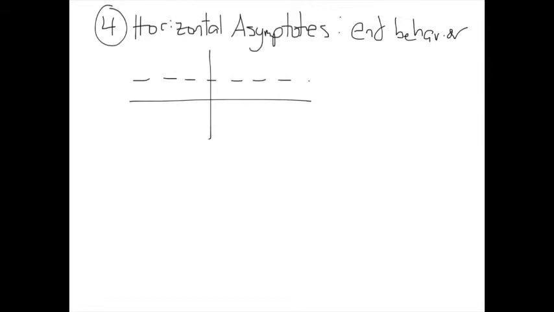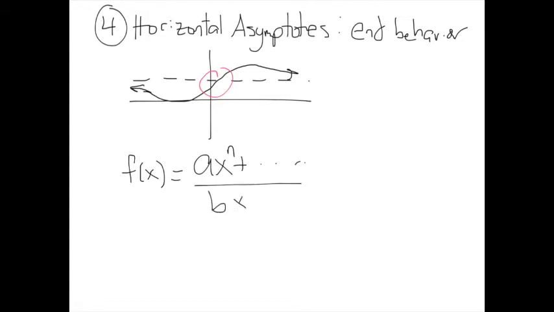There are certain graphs that cross in the middle, but then continue approaching the horizontal asymptote at the end. This part is totally fine. When we have a rational expression that looks like ax to the n plus ... divided by bx to the m plus ..., we have some very important and specific rules for finding horizontal asymptotes.